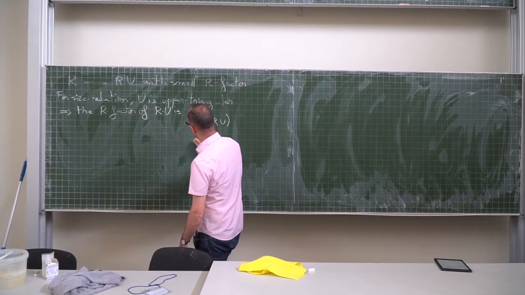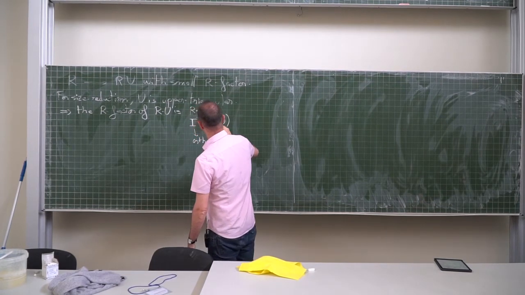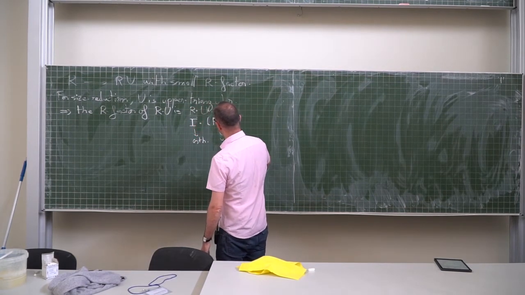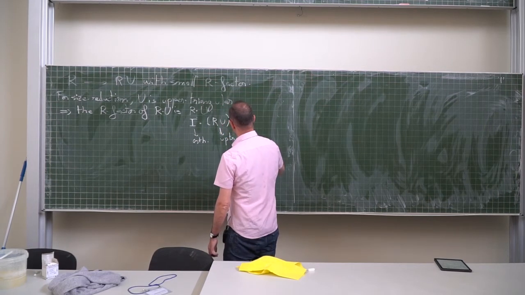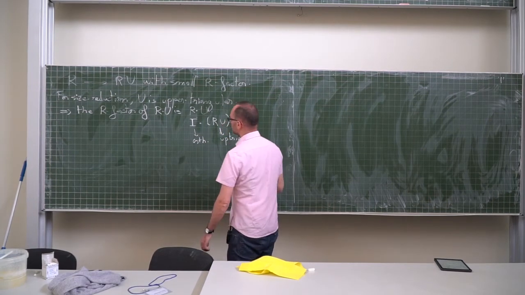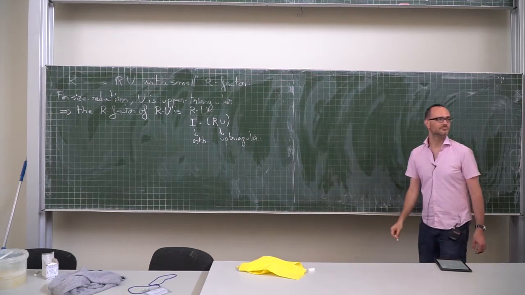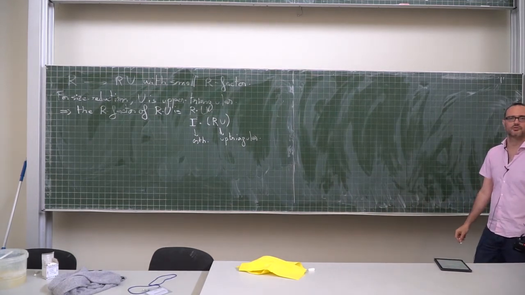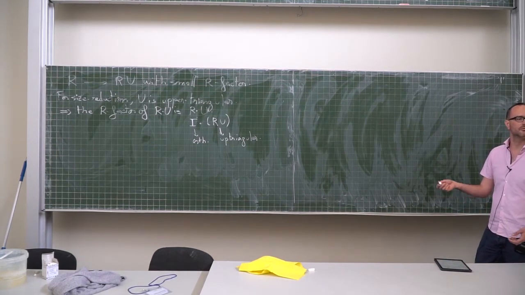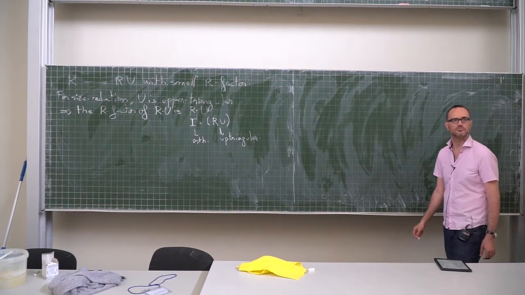This one is orthogonal, and this one is upper triangular. So it's a QR factorization, and the QR factorization is unique. So the R factor of RU is RU.